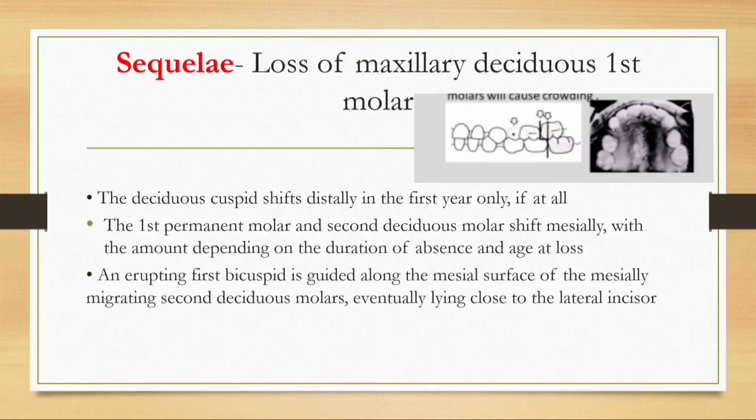So this deciduous cuspid shifts distally in the first year only, if at all, if it is shifting, and the first permanent molar and second deciduous molar shift mesially, with the amount depending on the duration of absence and age at loss, at what age the tooth is getting lost.